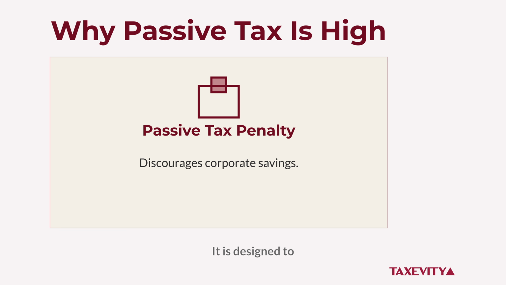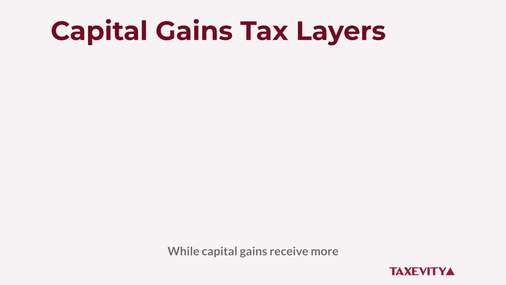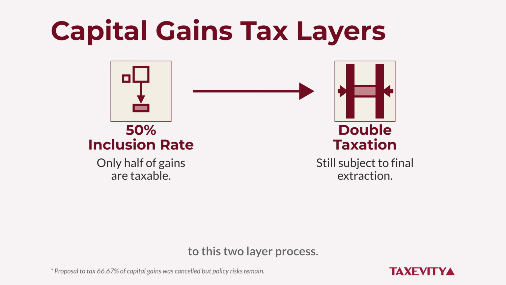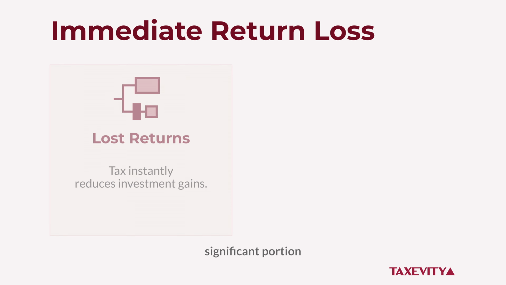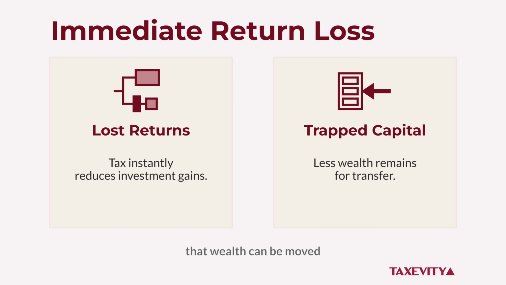It is designed to discourage using a corporation as a personal savings vehicle. While capital gains receive more favorable tax treatment, they are still subject to this two-layer process. The result is that a significant portion of your investment returns are immediately lost to corporate tax before that wealth can be moved to your estate.